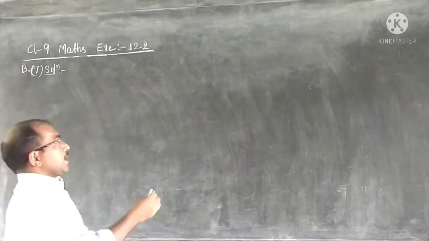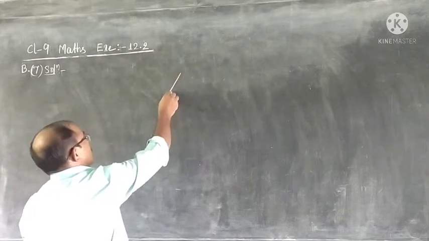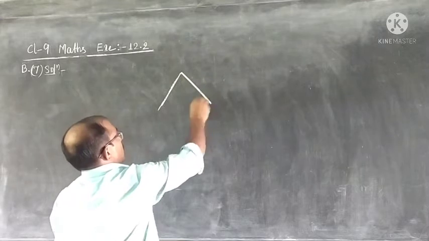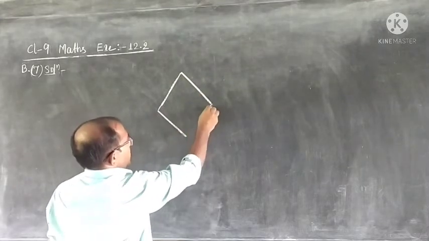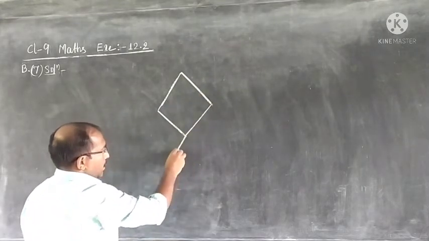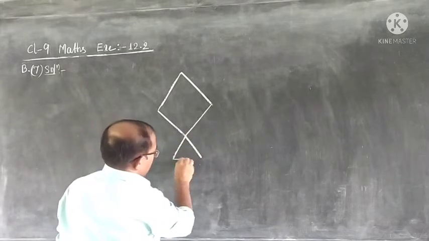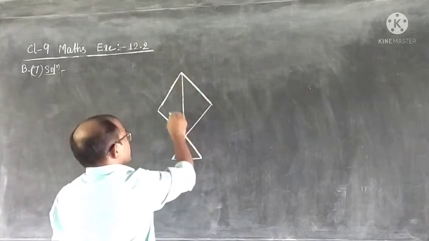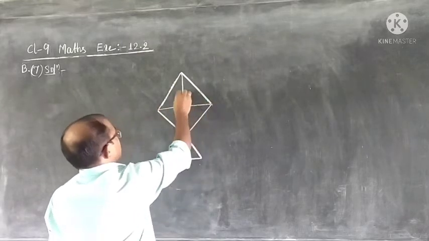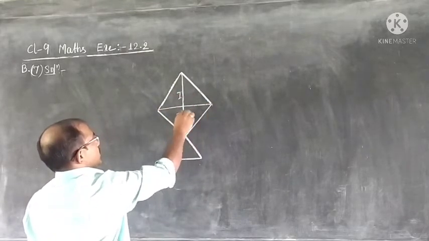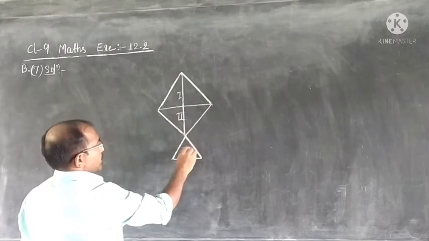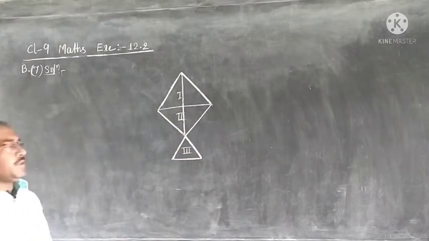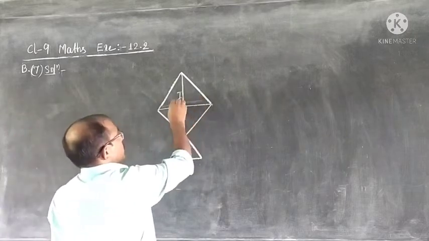So, a kite is there, but what is the condition? It is in the shape of a square. This is a square and then the figure is mentioned like this. This is triangle 1, this is triangle 2, this is triangle 3. 3 parts are there and in all 3 parts different color paper has to be used.